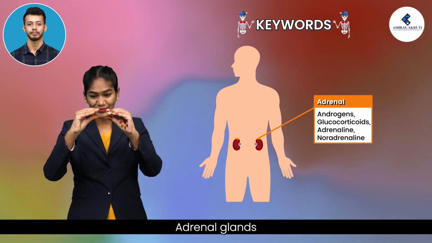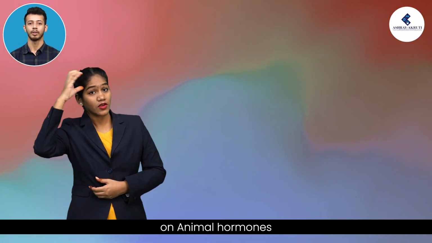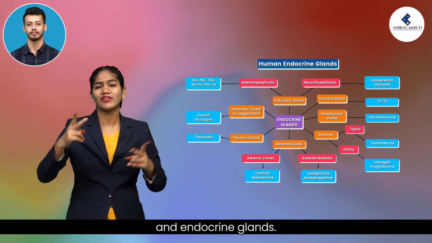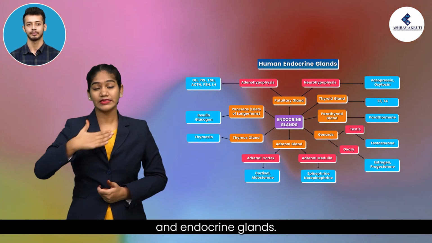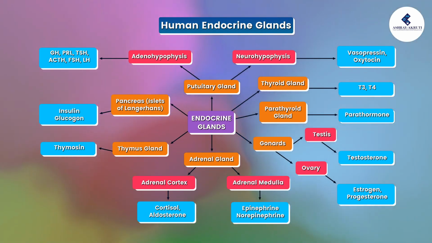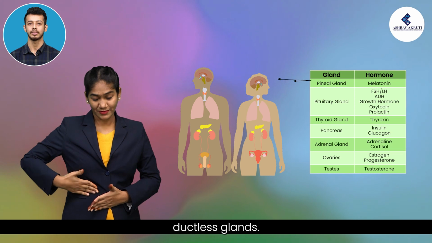Let us see the concept map on animal hormones and endocrine glands. The endocrine glands are called ductless glands.